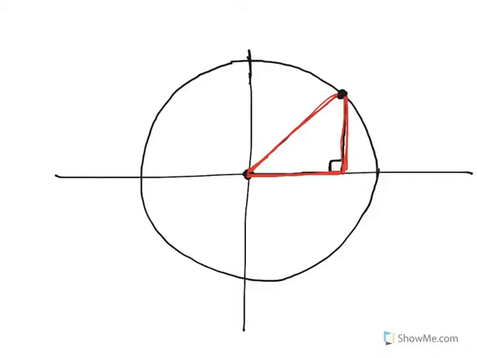Okay. Our task now is to try to label all of these sides with either something general or something specific. Actually, the only length that we know is the hypotenuse.